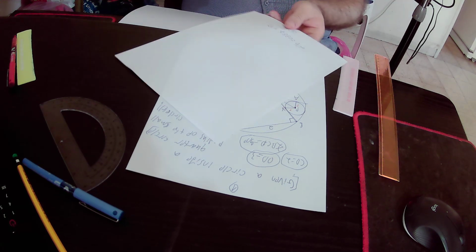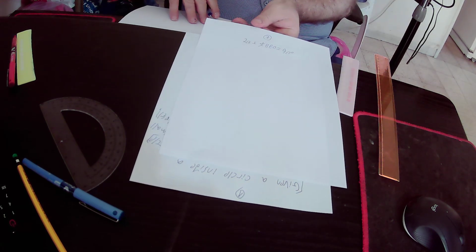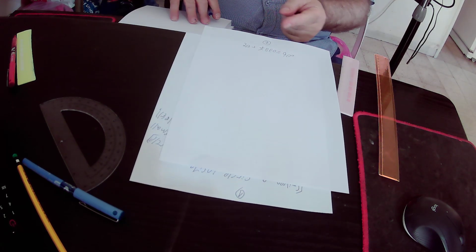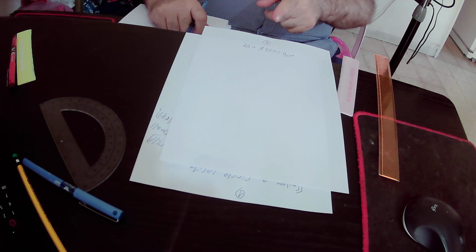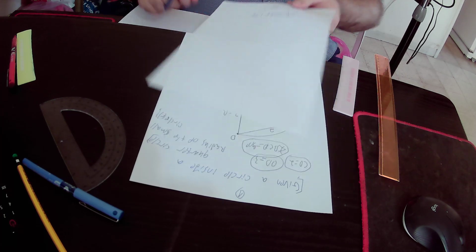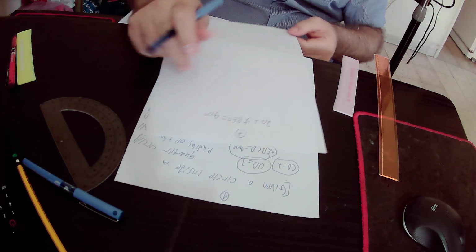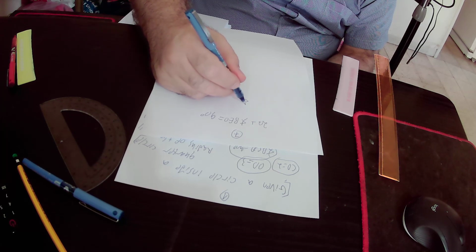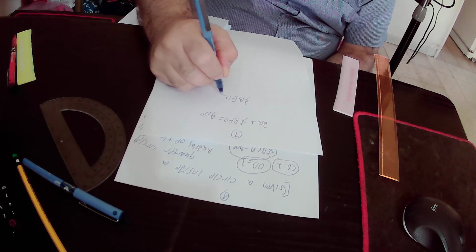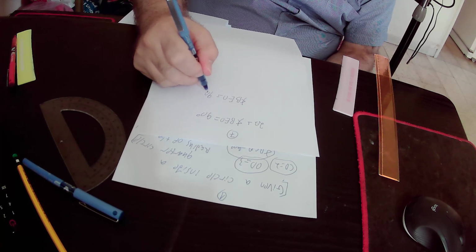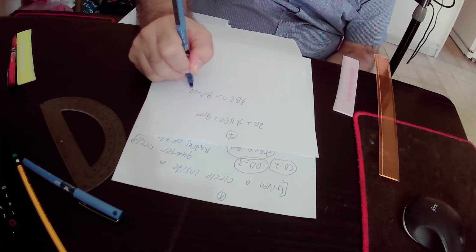So we found out that 2 theta plus angle BEO equals 90 degrees. Here we will subtract 2 theta from this equality, and we will get that angle BEO equals 90 degrees minus 2 theta.